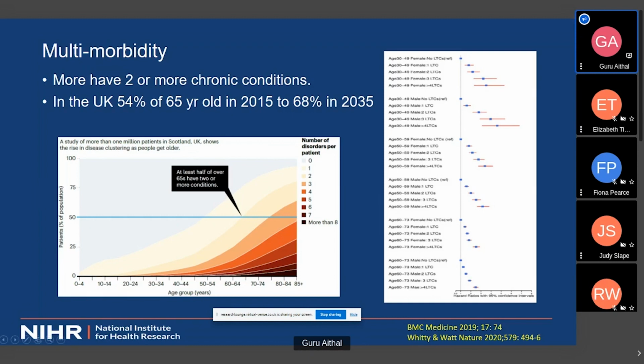Hence, Chris Whitty, who is now Sir Chris Whitty, and Fiona Watt from MRC set out a call in Nature in 2020, and then followed by a BMJ paper, which I've cited here, to almost develop a methodology of research for us to discover new patterns of comorbidity, which needs unbiased observations, as we are all trained to really look at one thing at a time, and develop training programs for clinicians to address this, because our training is to subspecialize and focus on what we know and then send it to somebody else to sort out other problems.